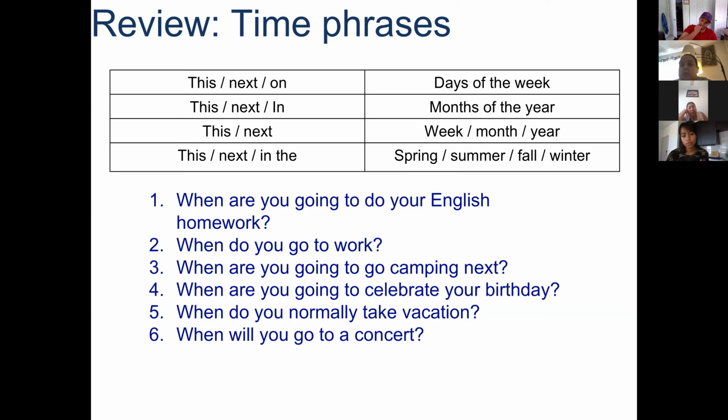We are going to celebrate my birthday in the house. And when do you normally take vacation, Sarai? I like to take vacation in the holidays like Christmas and New Year's.